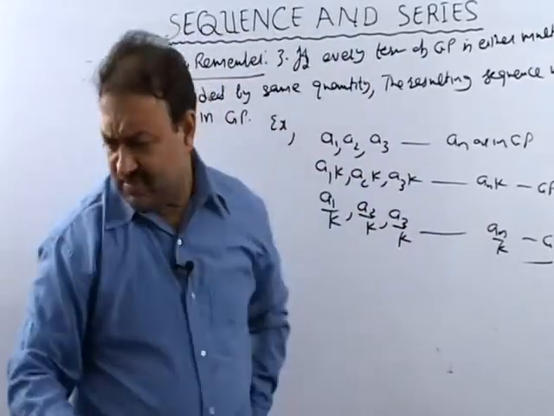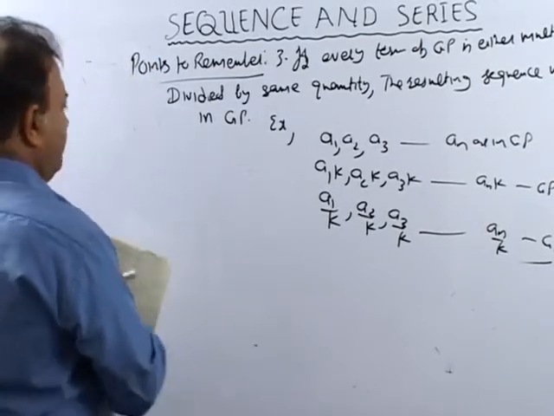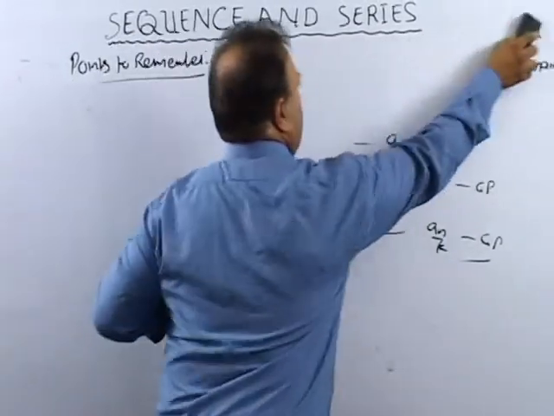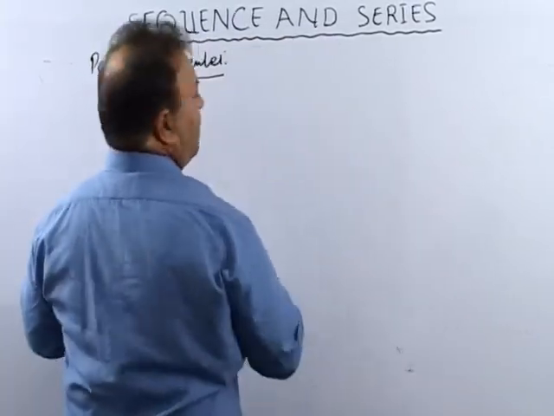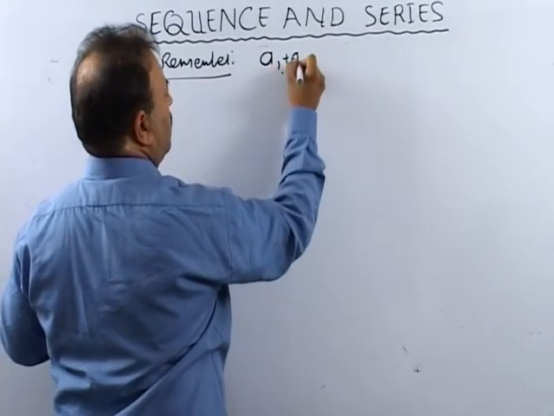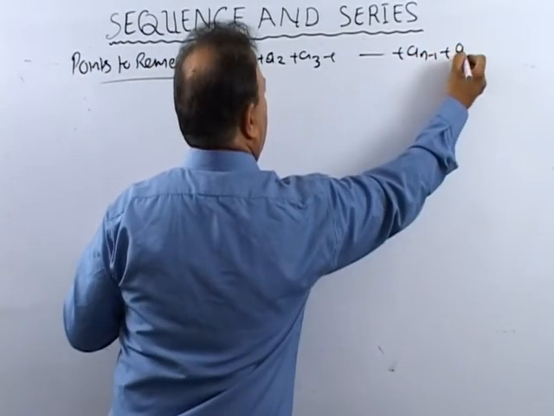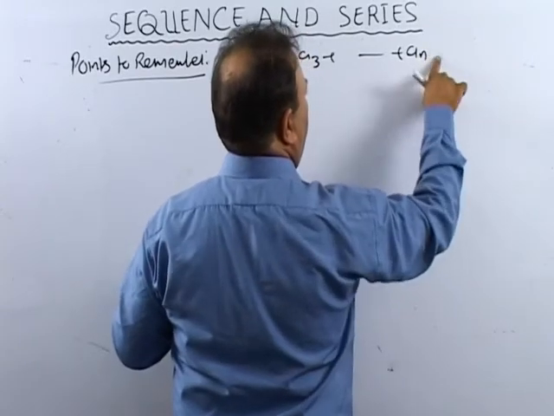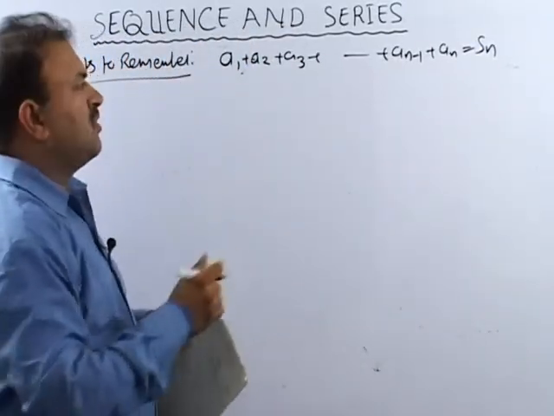The next point is similar to one we did in AP as well. Suppose it is given as A1 plus A2 plus A3 up to A(n minus 1) plus An is equal to Sn. Sum of n terms of GP is this one.